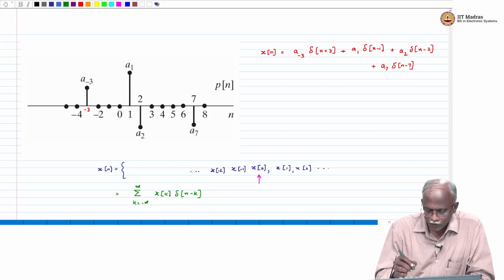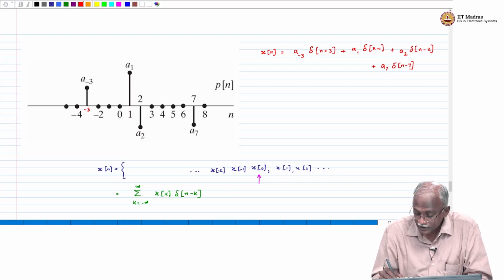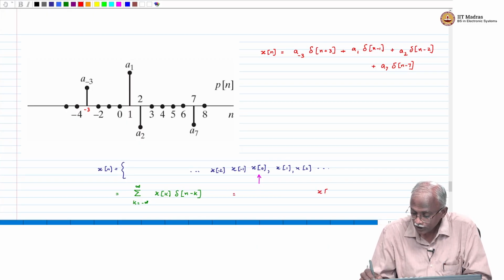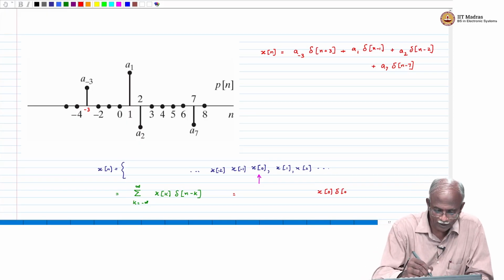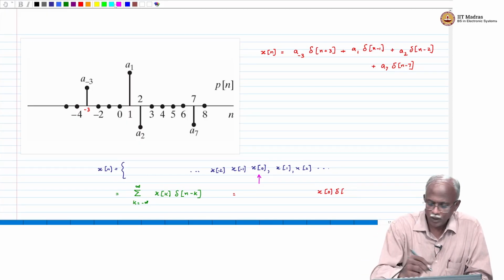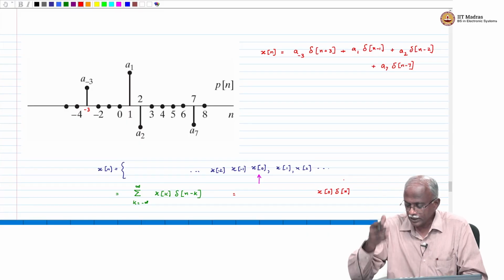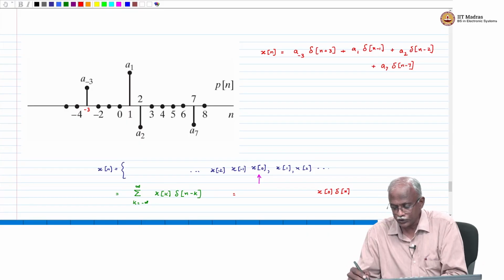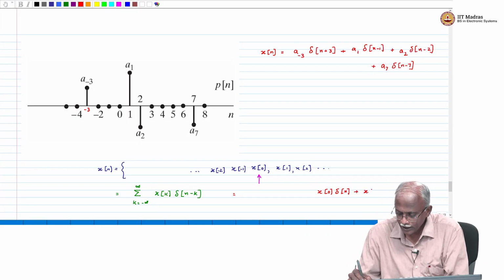So, I would like you to verify if this is correct. Where is x of 0 occurring? At delta of n, correct. Delta of n means it's non-zero at n equal to 0. Where is x of 1 occurring? x of 1 will occur at delta of n minus 1, correct.